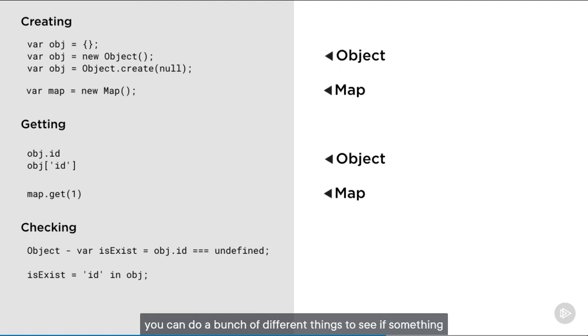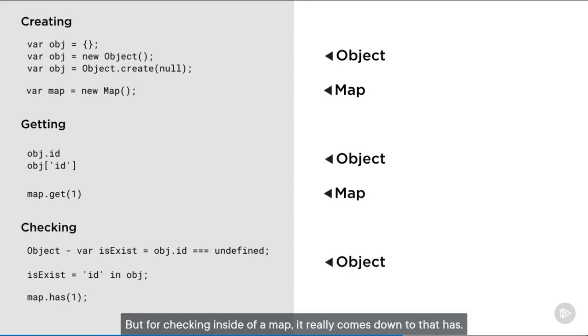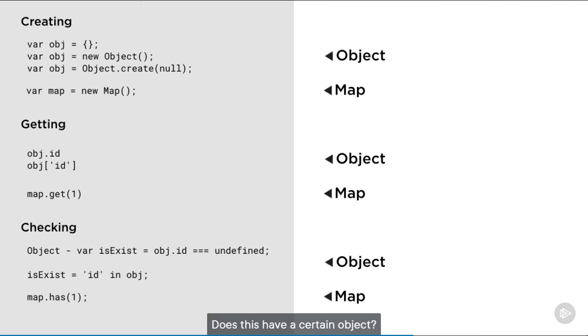For checking, you can do a bunch of different things to see if something exists and if it's equal to an object. But for checking inside of a map, it really comes down to has. Does this have a certain object? If it does, it'll result in true. If it doesn't, it'll result in false. And so it simplifies the checking a little bit more.